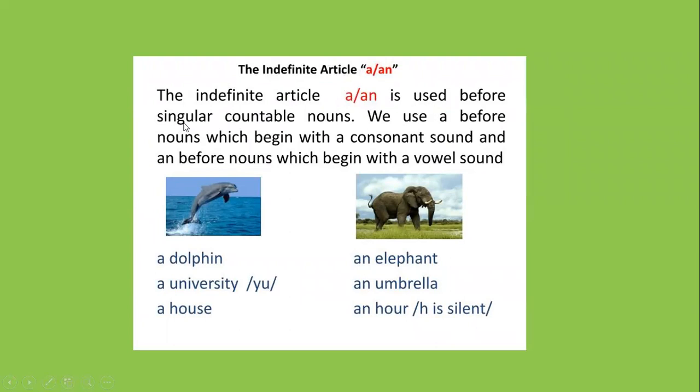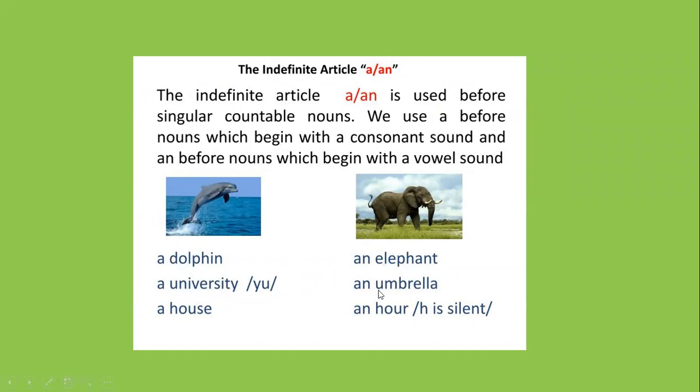You have to remember the singular countable noun, as well as the consonant sound or the vowel sound, like a dolphin, a university. Look here: in university, U is there, but when you pronounce it, the sound is "yu". Y is not a vowel, so we are using "a".